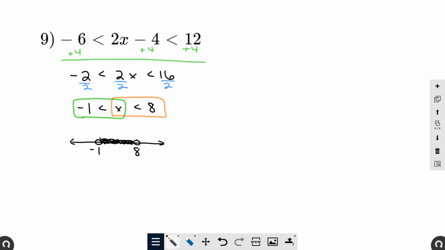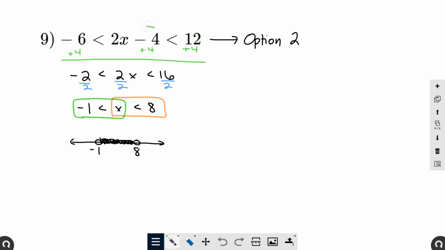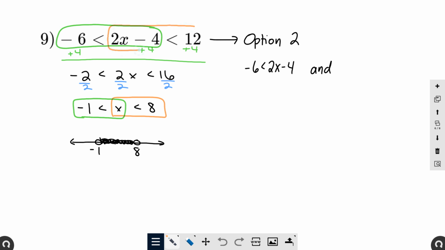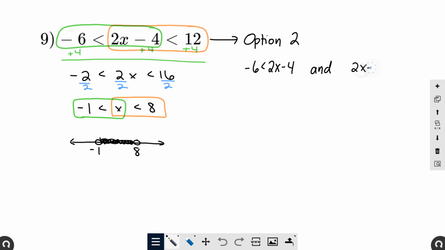Now, if you don't like doing it this way, here is option 2 on solving. So if you don't want to keep it all together, you can split it, kind of like I did down here with the answer. The middle and the left part would go together. So you would write negative 6 is less than 2x minus 4. And then you would do the middle and the right side. 2x minus 4 is less than 12.